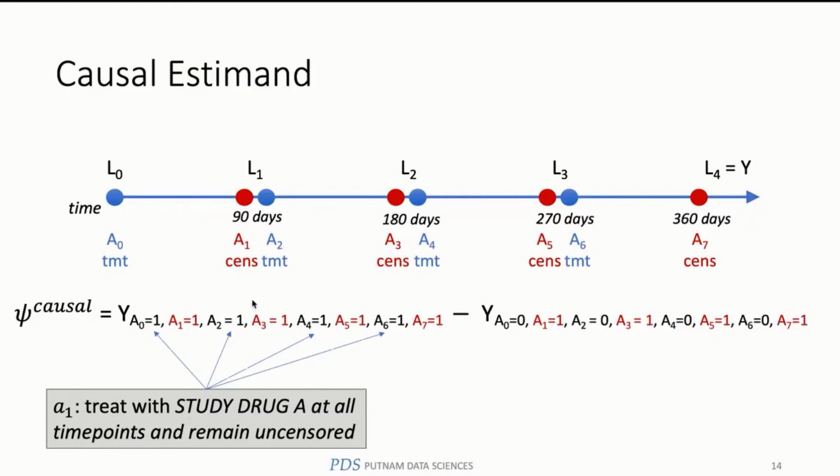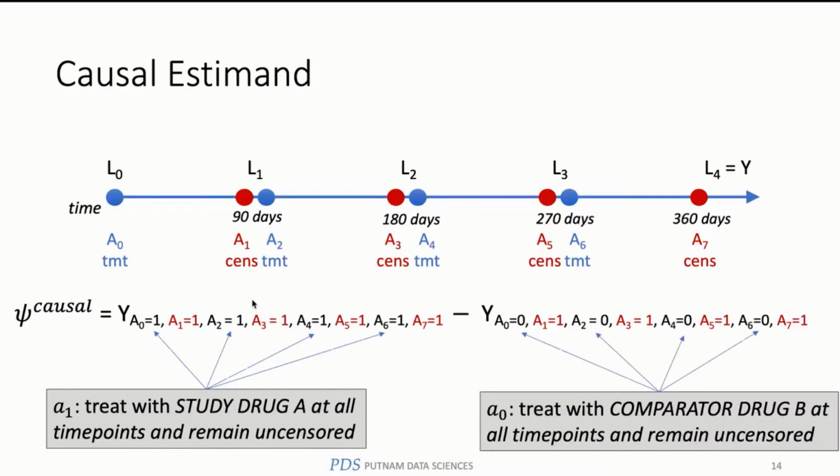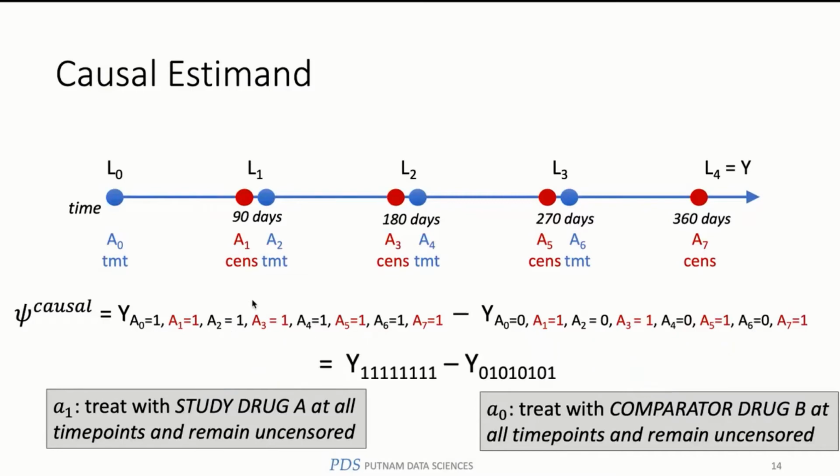And we're interested in, so that's one counterfactual outcome. And then the other counterfactual outcome is that you're treated with the comparator drug at all the time points and you remain uncensored.